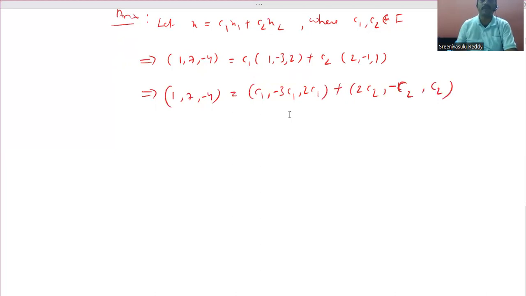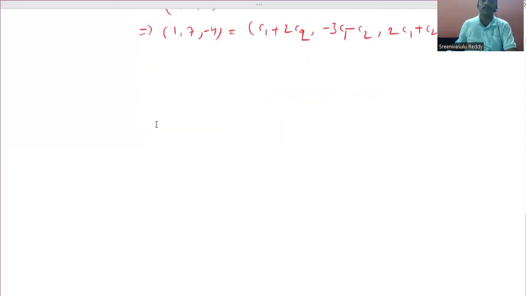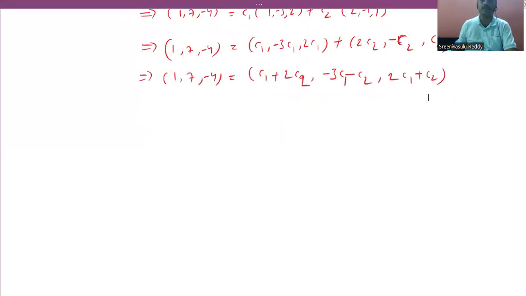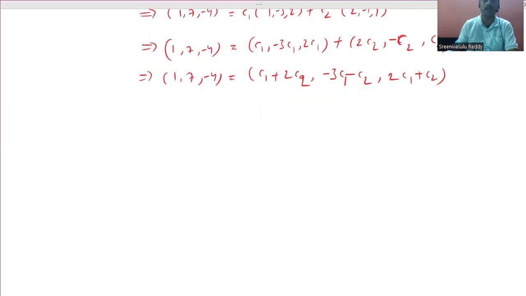Now, the sum of the two vectors: we have two 3-tuples, and adding them by the addition property is component-wise. The first component is C1 plus 2C2. The second component is minus 3C1 minus C2. Next, 2C1 plus C2.